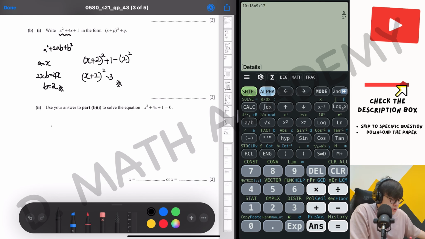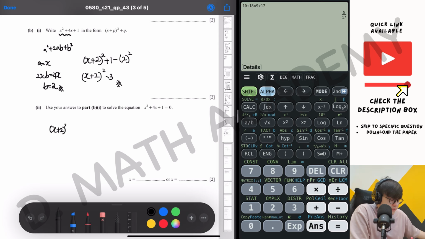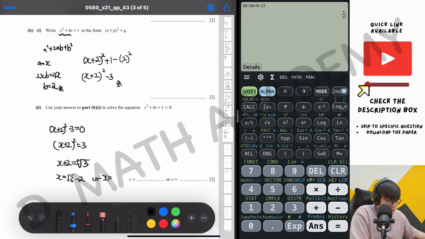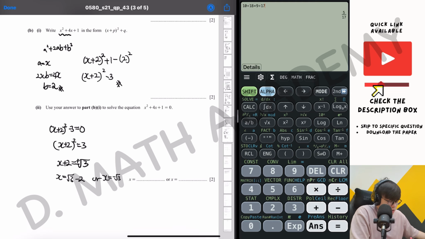So for part 2, just replace whatever you have identified and make it equal to 0. You get (x plus 2) squared equals 3. x plus 2 equals square root 3. Then you get your answers as x equals square root 3 minus 2, or x equals negative square root 3 minus 2.